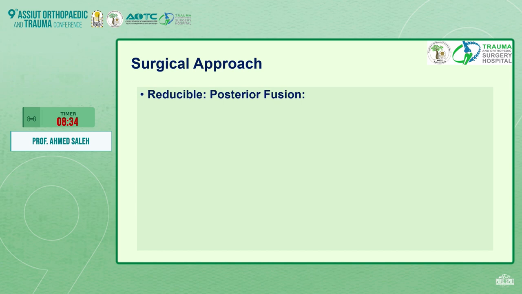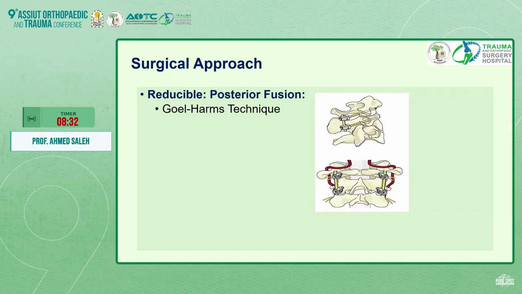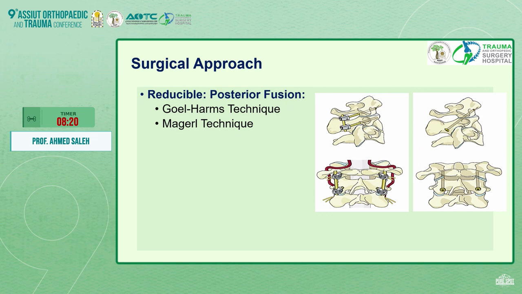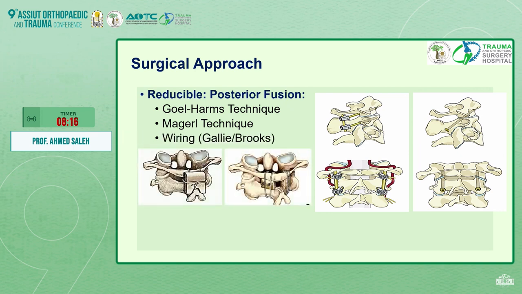For reducible cases, posterior fusion is the choice, and the Goel-Harms technique is the gold standard nowadays, C1 lateral mass and C2 pedicle screw. The Magerl technique, transarticular C1-2, may be used. Historically, wiring techniques, Gallie and Brooks, but they lack sufficient stability, so the gold standard nowadays is the Goel-Harms technique.